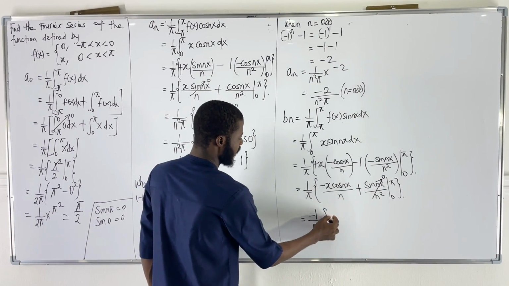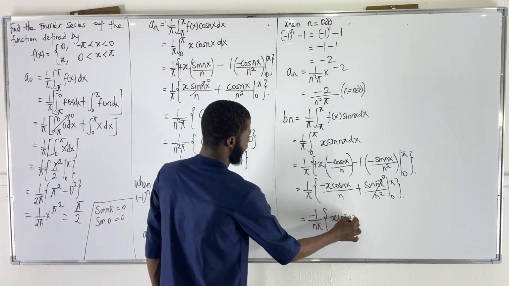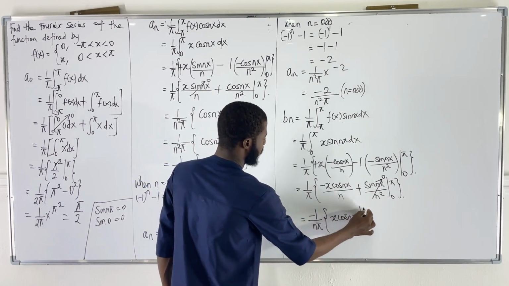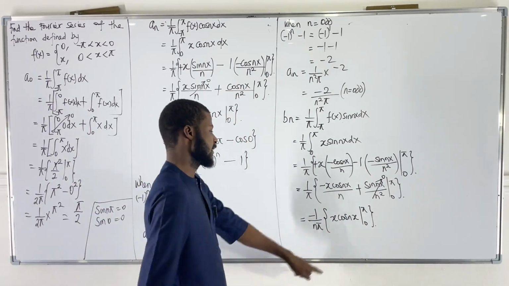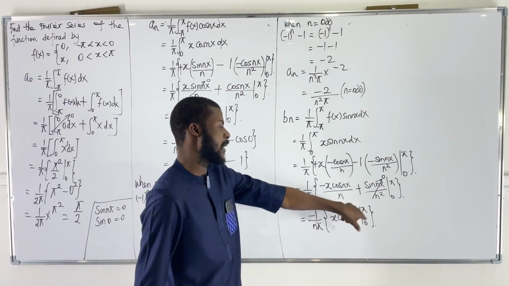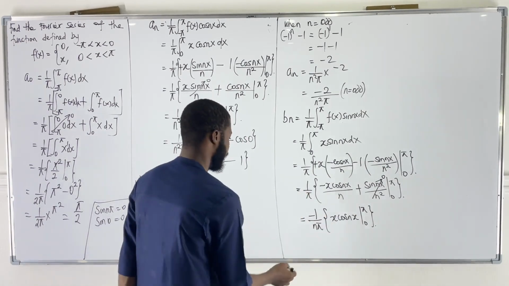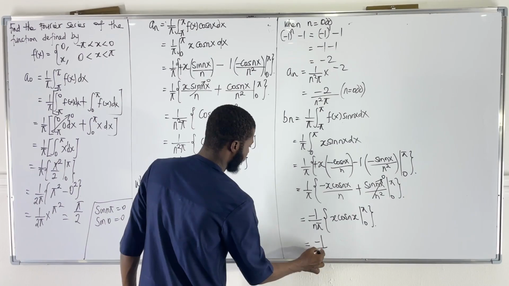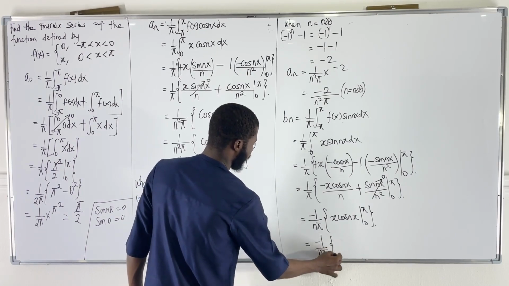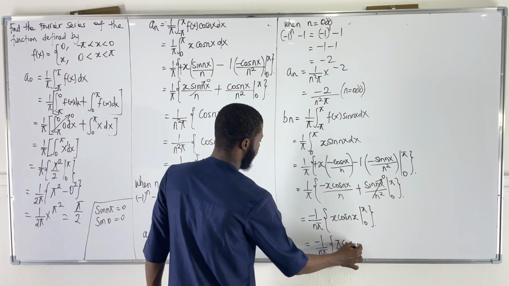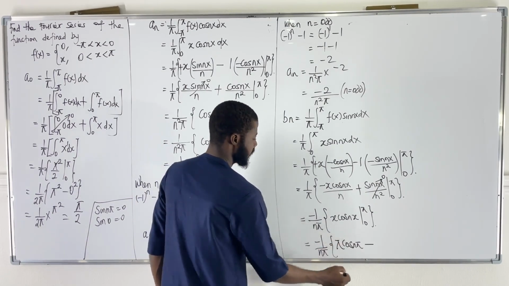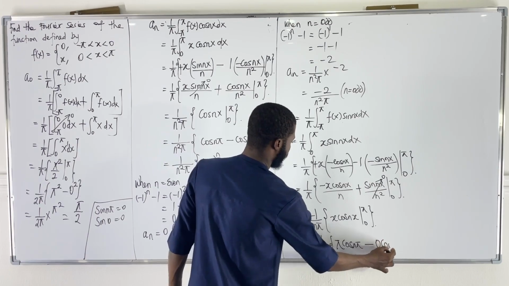The one will be left to be x cos nx from 0 to pi. All right. So what I'll do next is, anywhere I see x, I'm going to be putting pi. So this will be minus 1 over n pi. And so this is pi cos n pi minus 0 cos 0.